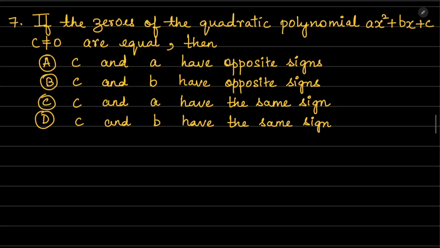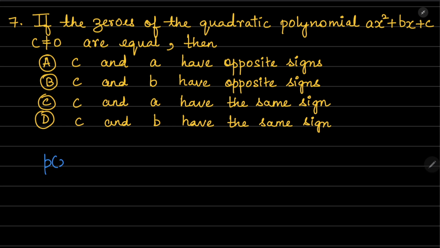If the zeros of the quadratic polynomial ax square plus bx plus c, where c is not equal to 0, are equal, then c and a have opposite signs, c and b have opposite signs, c and a have the same sign, or c and b have the same sign. So whenever you are given that the zeros or roots of a polynomial p of x are equal, there is something that you have to remember.